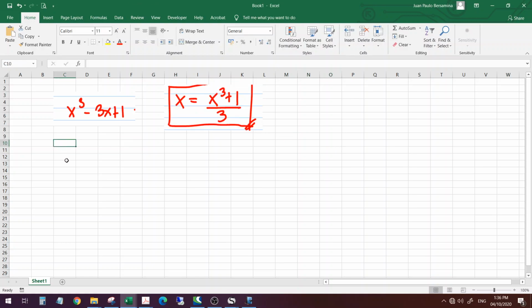So I'll put in x sub i and then x sub i plus 1. Find the relative error.